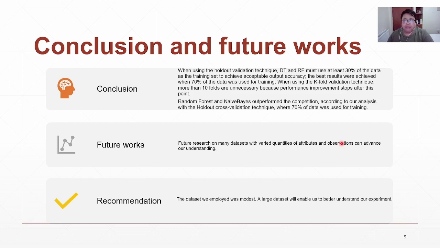When using the k-fold validation technique, more than tenfold were unnecessary because performance improvement stops after this point. Random forest and naive Bayes outperformed the competition. According to our analysis, the cross-validation technique where 70% of data were used for training is the best.